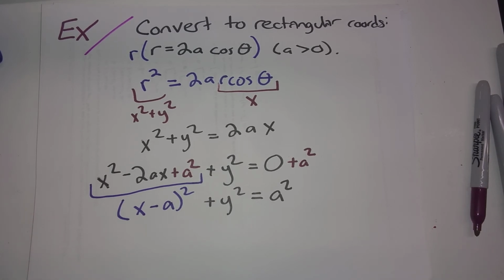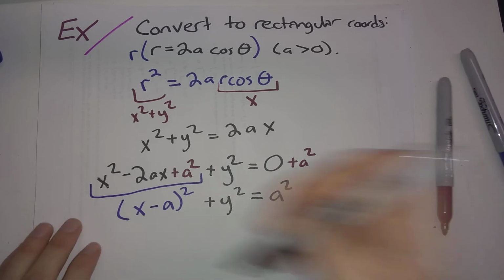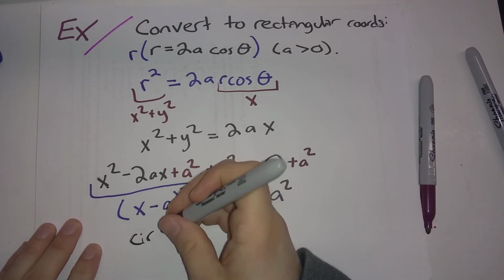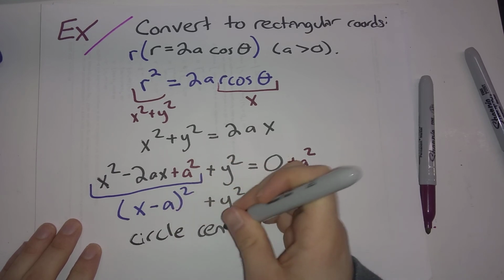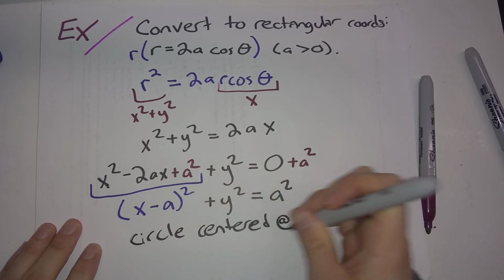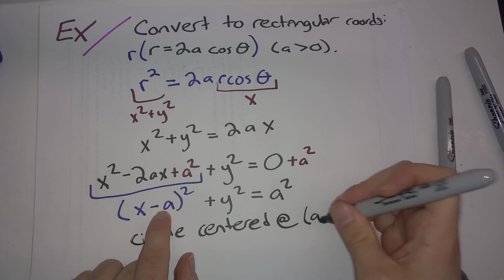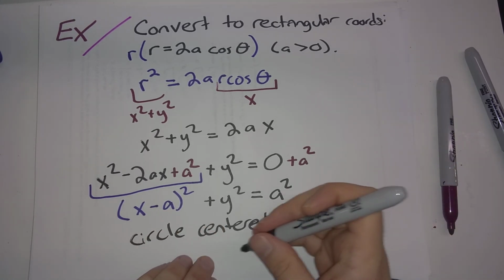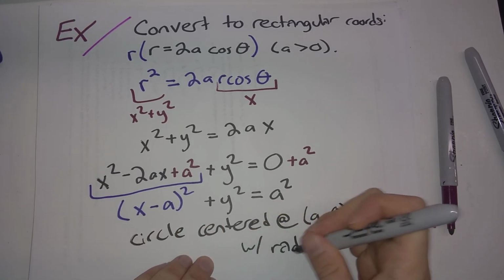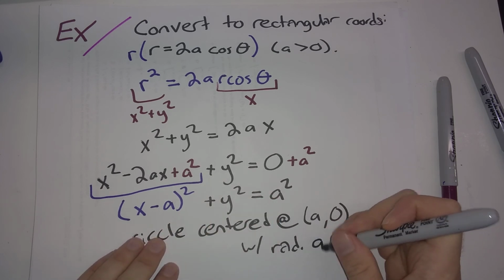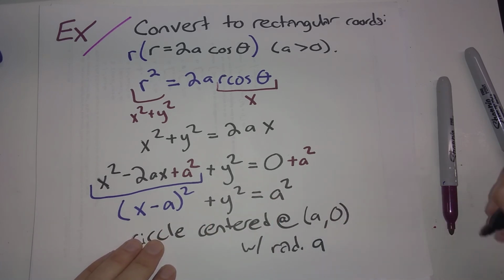Well, what is this the equation of? This is the equation of a circle. This is a circle that is centered at x is equal to a and y is equal to 0 with radius equal to a, because that's the radius squared.